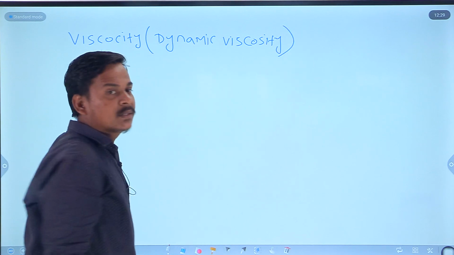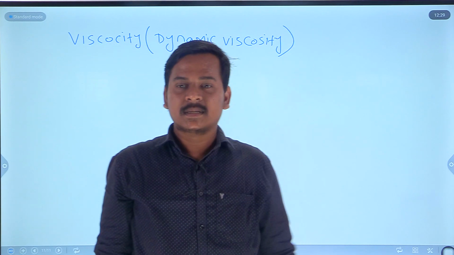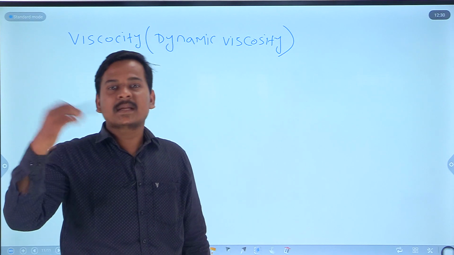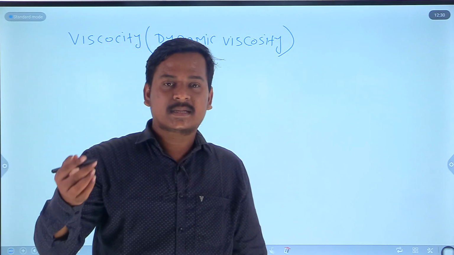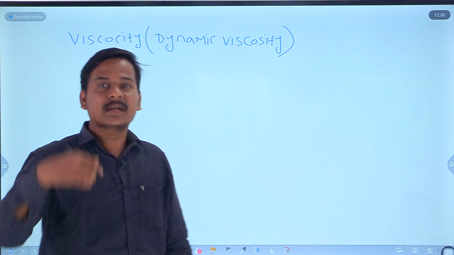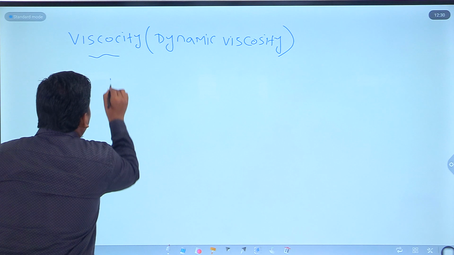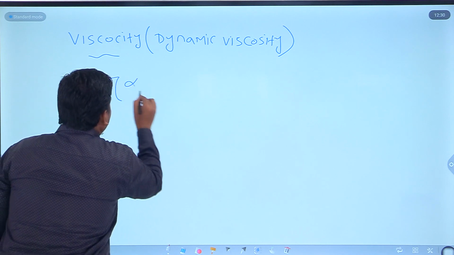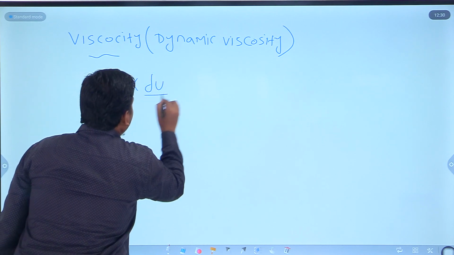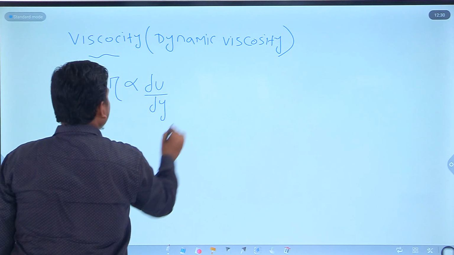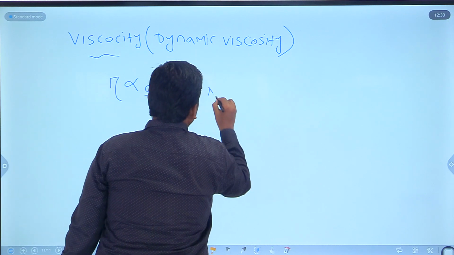What is Newton's law of viscosity? Within elastic limit, the rate of shear strain is directly proportional to the shear stress. Tau is directly proportional to du by dy. This is Newton's law of viscosity.